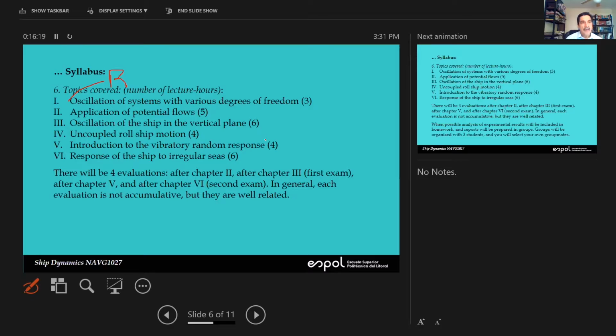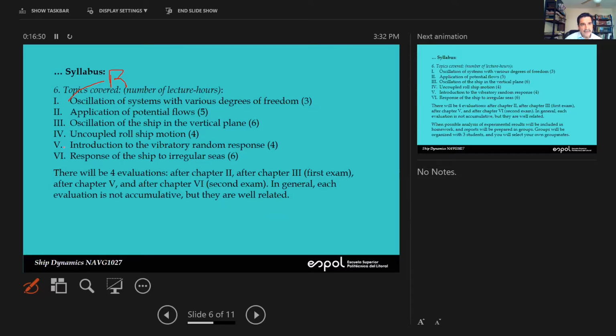The third chapter, we're going to analyze the motion of the ship in the vertical plane. That means that we're going to be analyzing heave and pitch in a coupled fashion. Next chapter, uncoupled roll. This is one single differential equation for roll. And the last 2 are very well related.